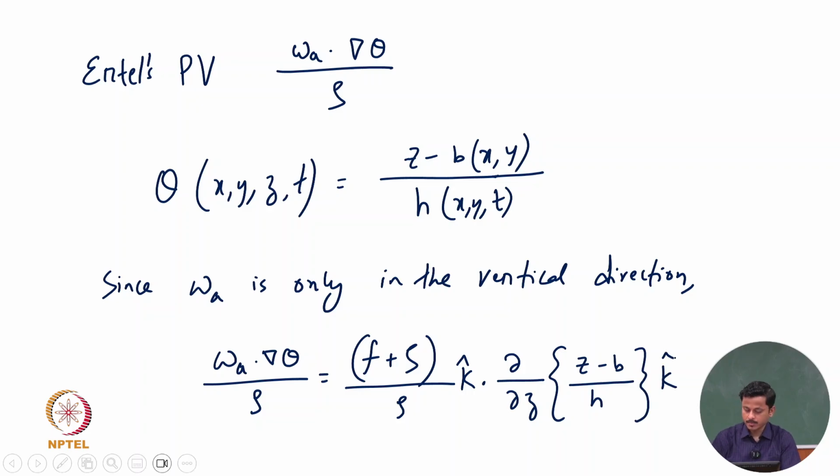And this gives rise to the form that we have called potential vorticity. There is a rho, but given that rho is a constant for our system, hence f plus zeta by h is a potential vorticity. We can take the density to be 1 without any loss of information, given that it's a constant for our system.